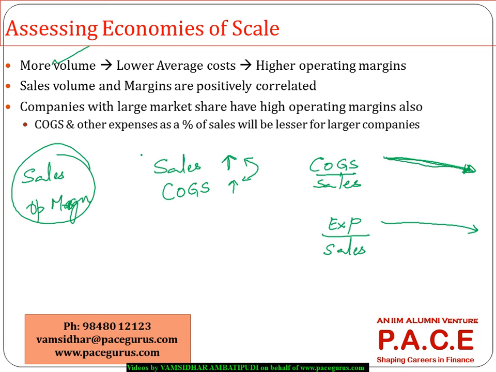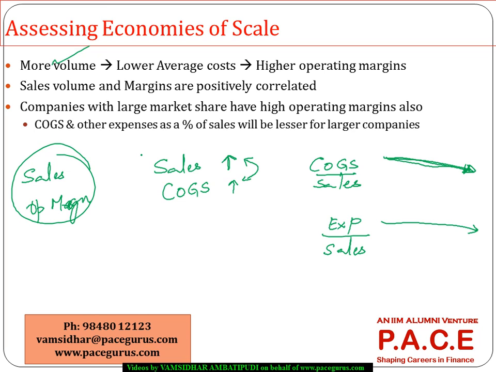The other way it is worth looking at is to take all the firms in that particular industry. The largest of the firms obviously will have a high market share, but check if they have high operating margins also compared to the other firms. If that is the case, you can very well say that in this particular industry, the top-notch companies are able to exhibit economies of scale.